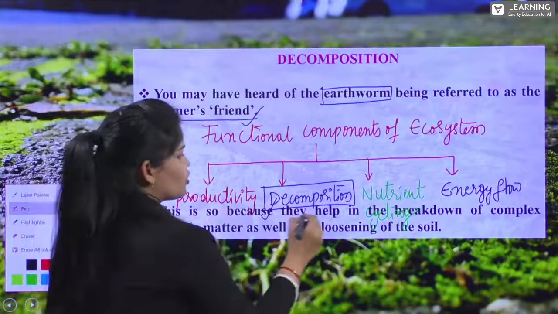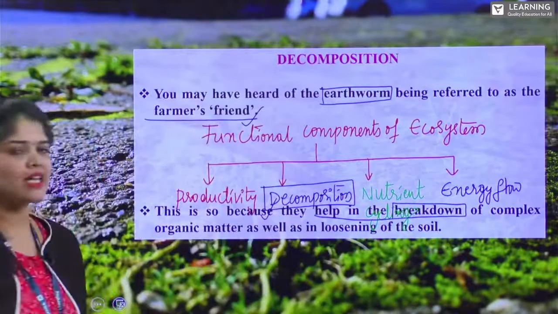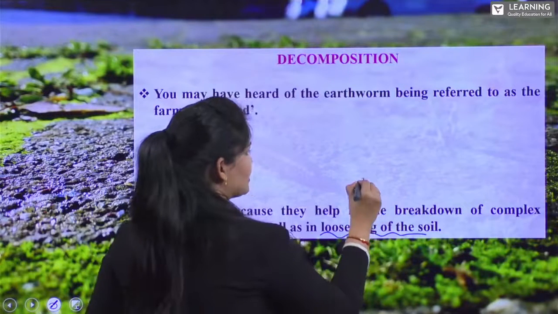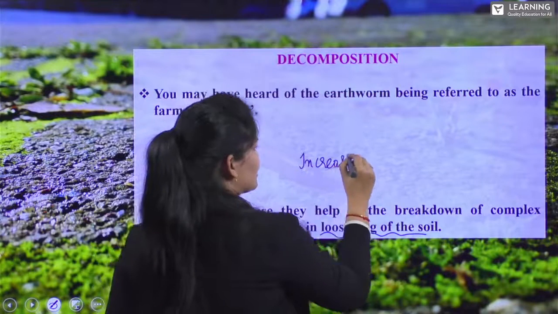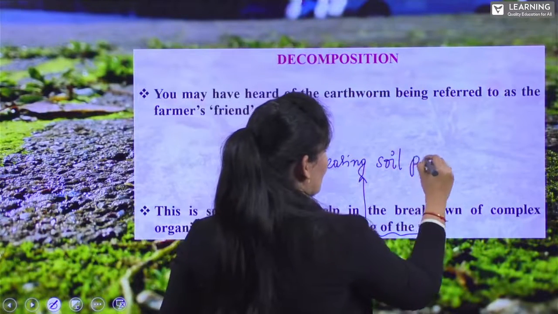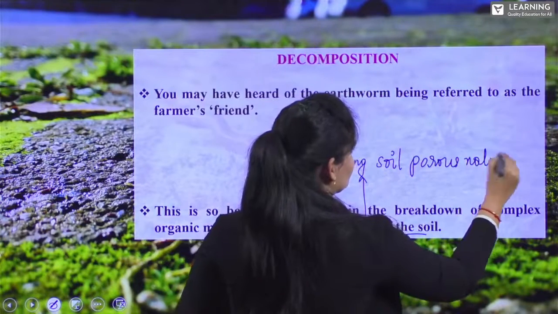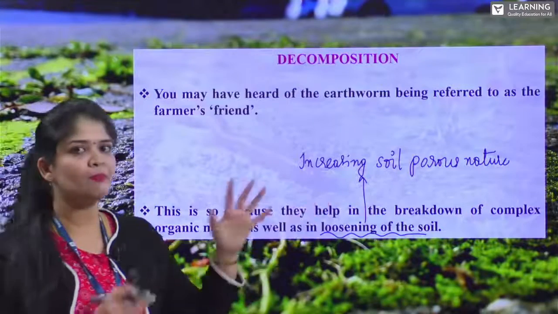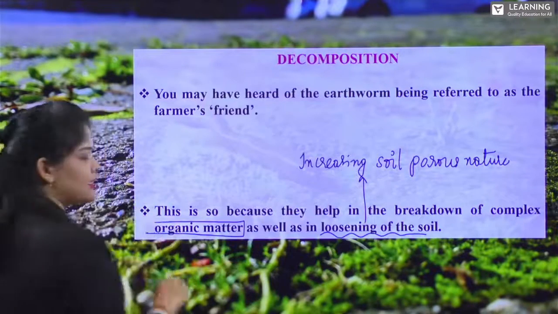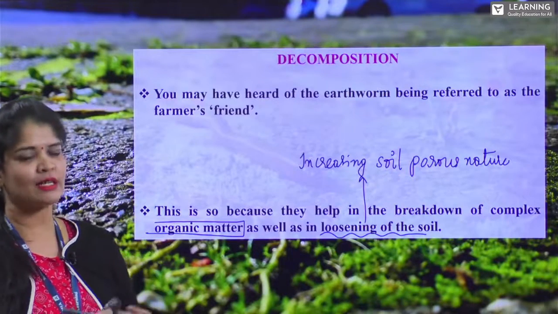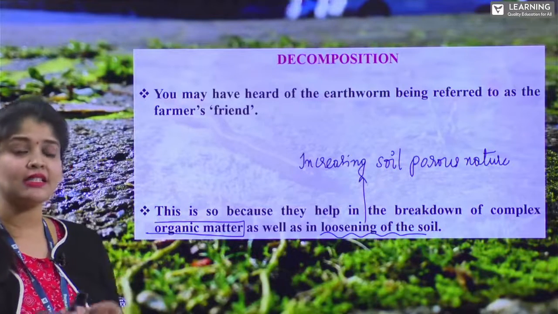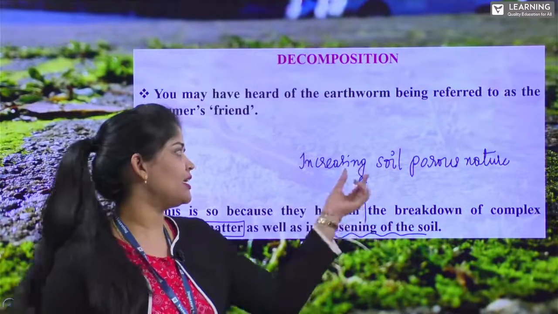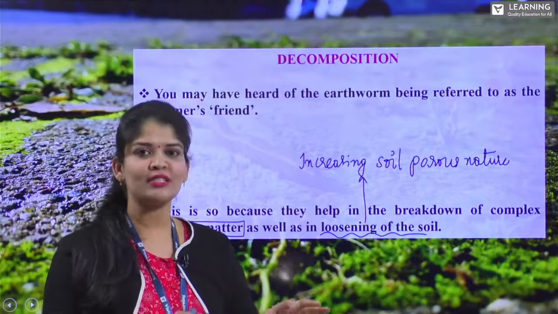Earthworms are considered a farmer's friend because they help in the breakdown of complex organic matter and convert it into simpler inorganic matter, which can be readily absorbed by the root system of the plants so that the plants can grow. They also loosen the soil, thereby increasing its porosity, so the penetration of the root system becomes easier.